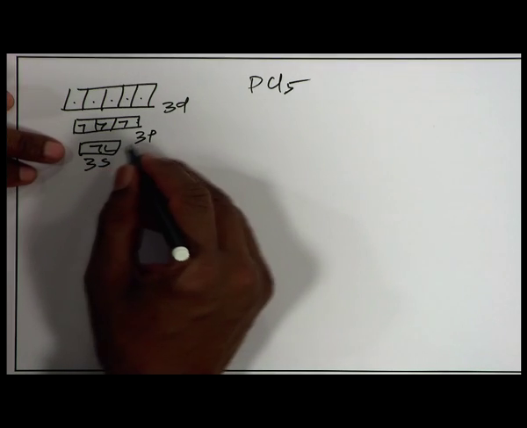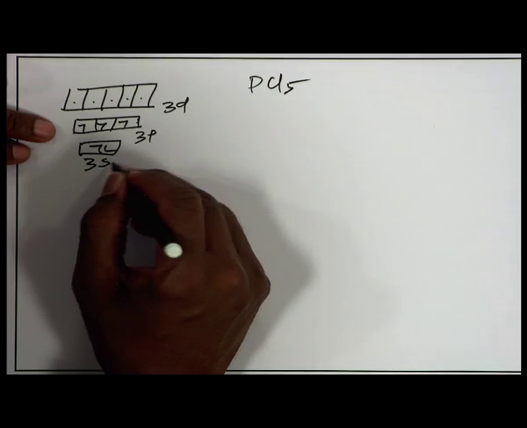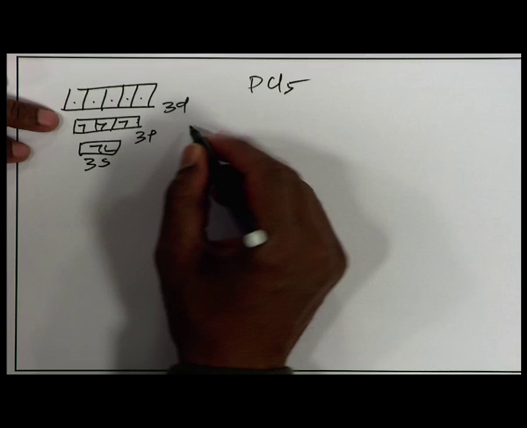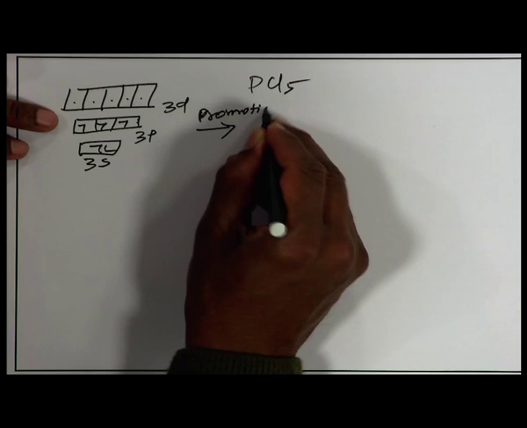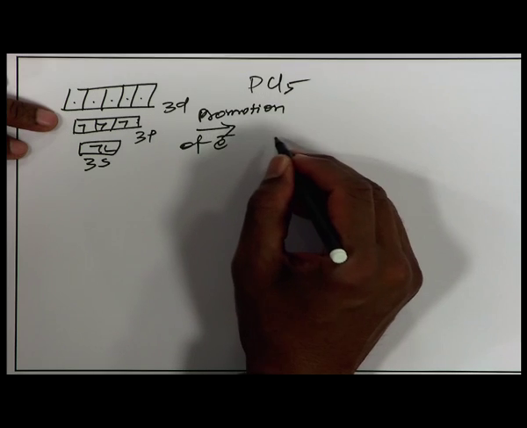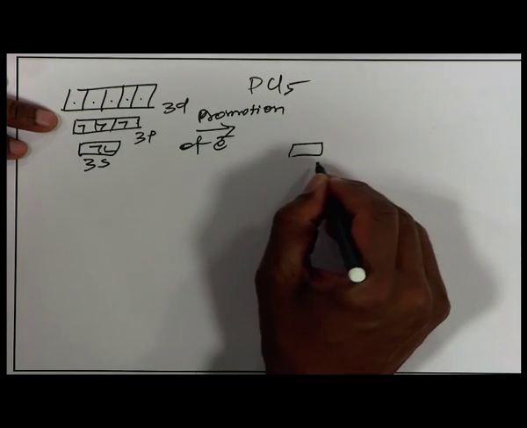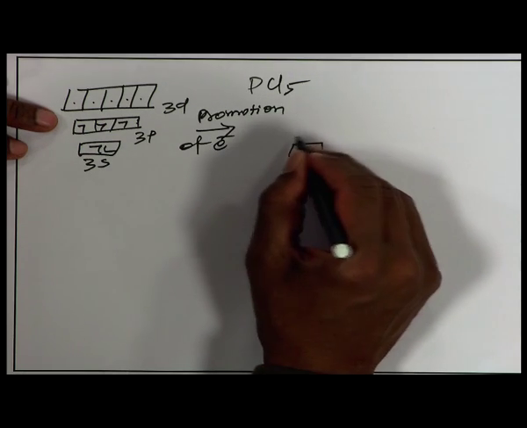So, the process is promotion of an electron from the 3s orbital to the 3d orbital. Promotion of the electron gives an energy level of this type. This is the 3s orbital containing 1 electron, because one of the electrons has gone to the 3d orbital, that I will show you now.